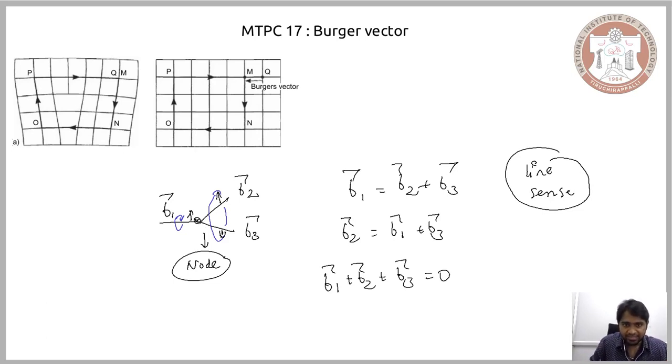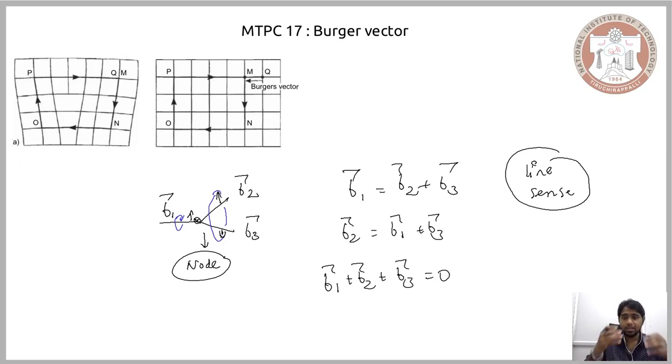So here we have considered 3 different dislocation lines and 3 corresponding Burgers vectors, and the summation of these Burgers vectors is equal to 0 at the node. We arrived at this expression by an appropriate line sense convention.